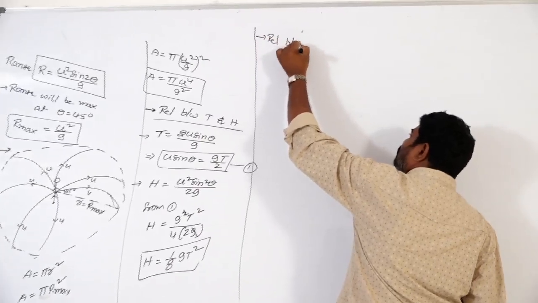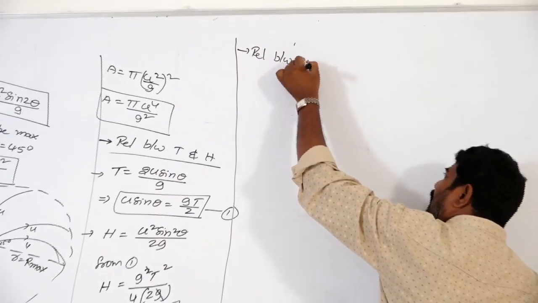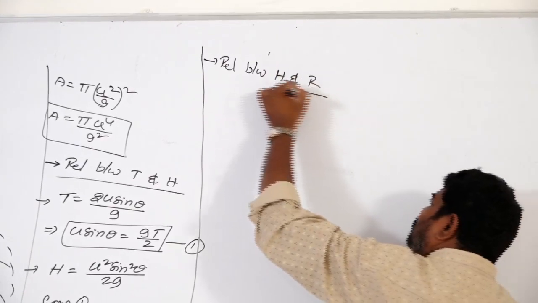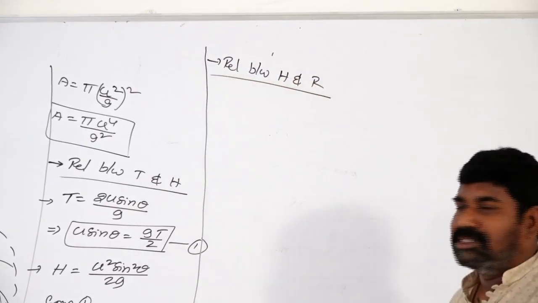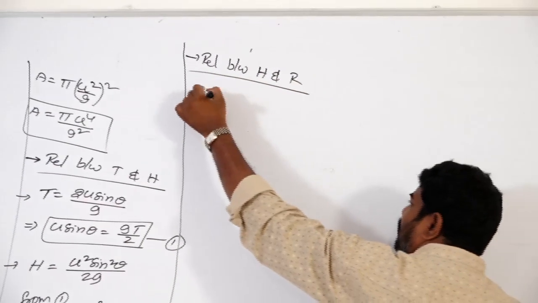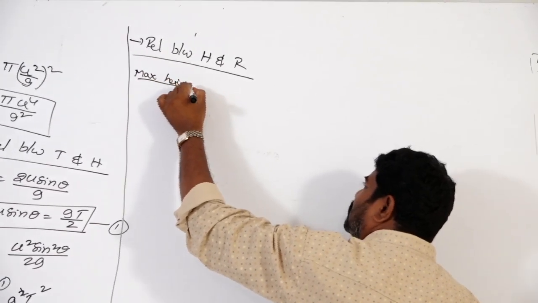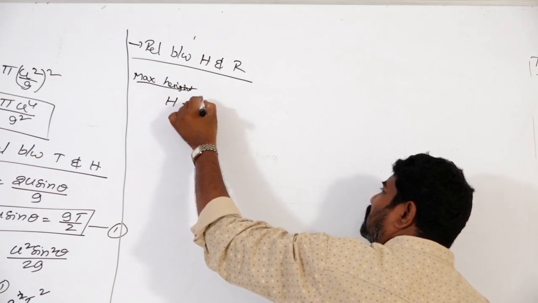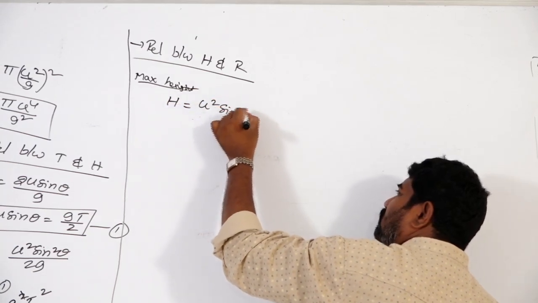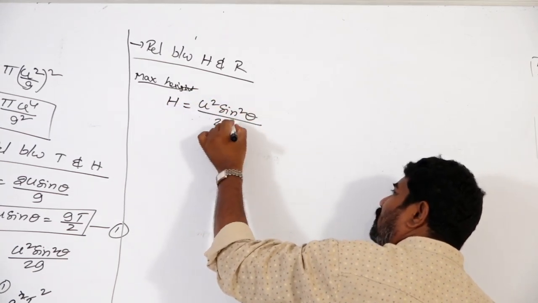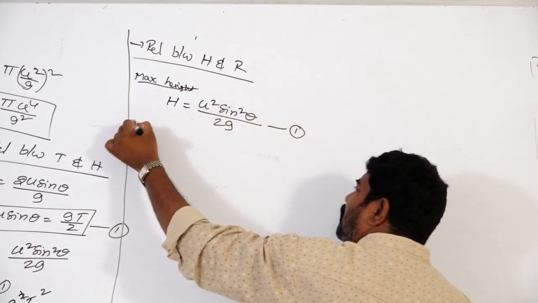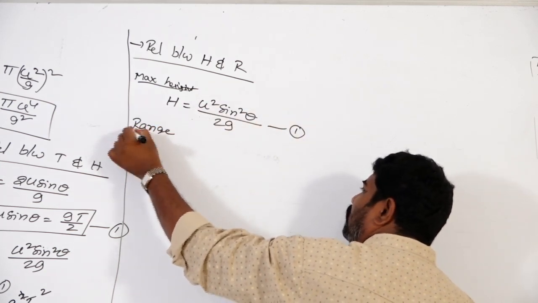Next, the relation between maximum height and range. What is the relation between maximum height and range? What is the formula for the maximum height? H max = u² sin² θ by 2g. Equation number 1. Range, what is the formula?